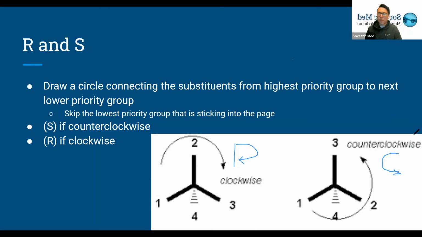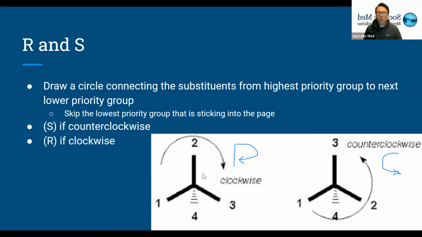So when you have to determine if it's R or S, when you have the functional groups, try to remember how you write an R or an S and which direction that goes. And that will help you determine if it's R or S, depending on if the circle is clockwise or counterclockwise. So for S, the circle has to be counterclockwise, and then for R, it has to be clockwise.